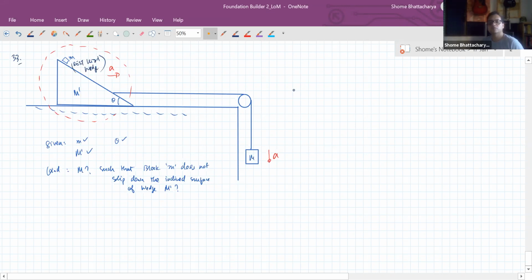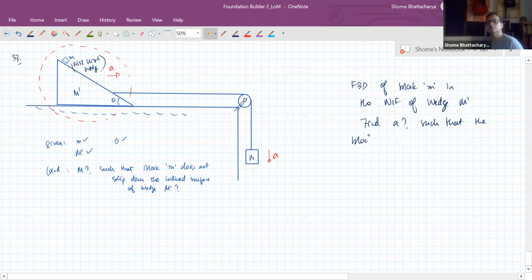What we'll first do is make the free body diagram of the small block in the non-inertial frame of the wedge M prime, and find the value of a such that the block is in equilibrium in this frame.